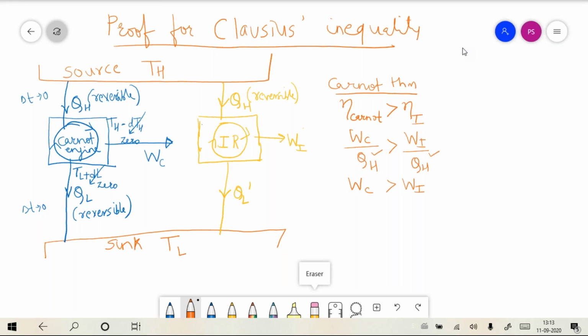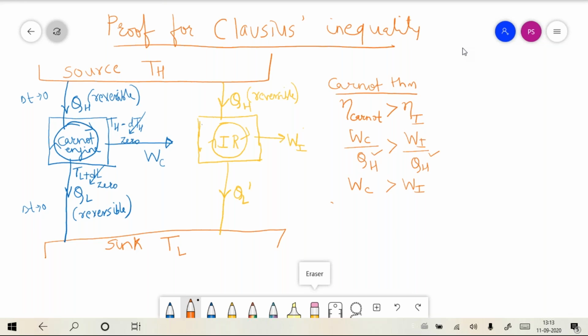Efficiency is work upon heat supplied, and the heat supplied we are keeping the same. So the work output of the Carnot engine is greater than the work output of the irreversible engine.